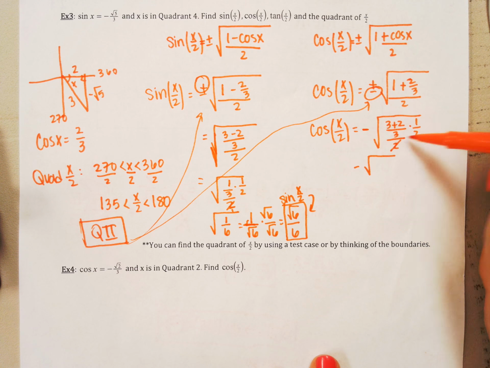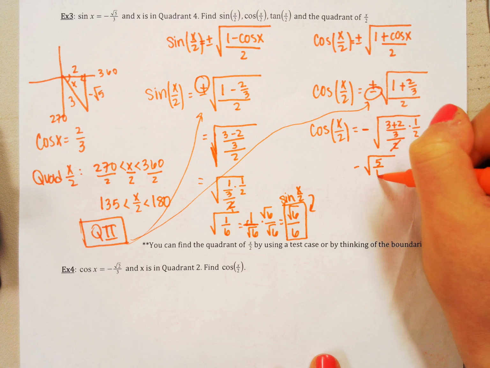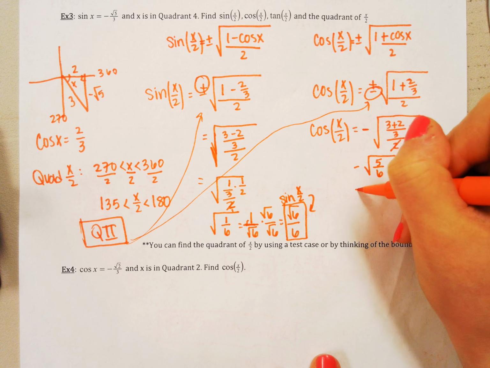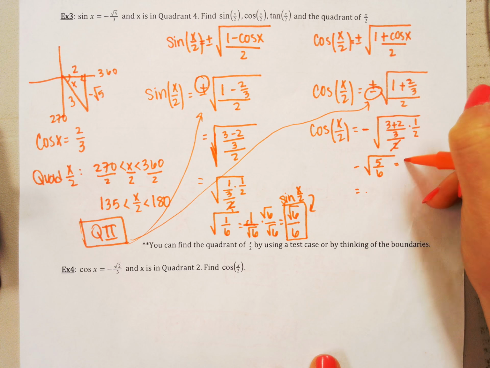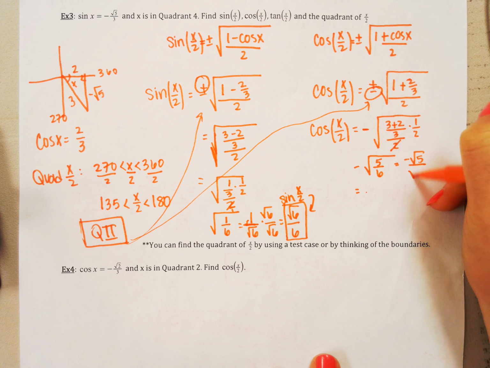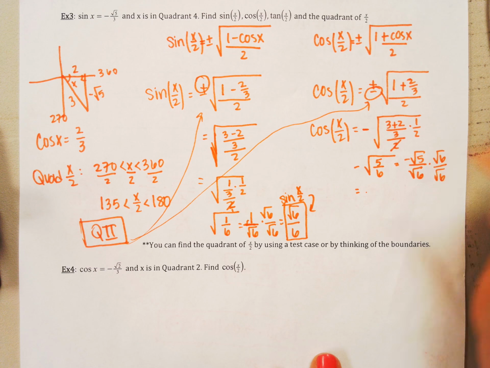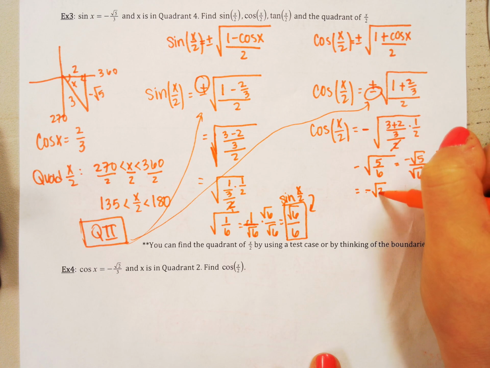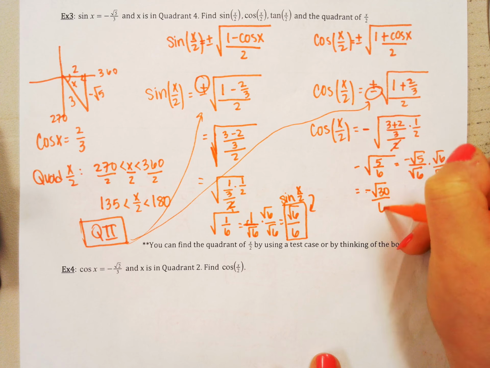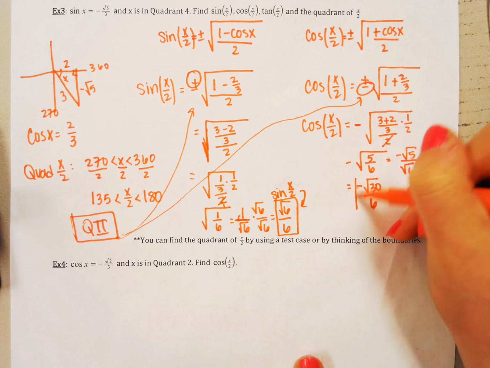So 5 over 6, which is negative root 5 over root 6. And when I rationalize and multiply by root 6 over root 6, I get negative root 30 over 6. And that's for the cosine.